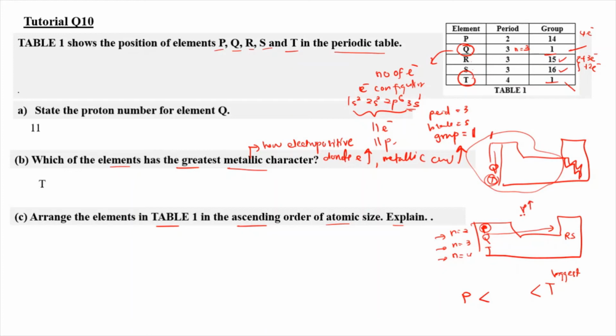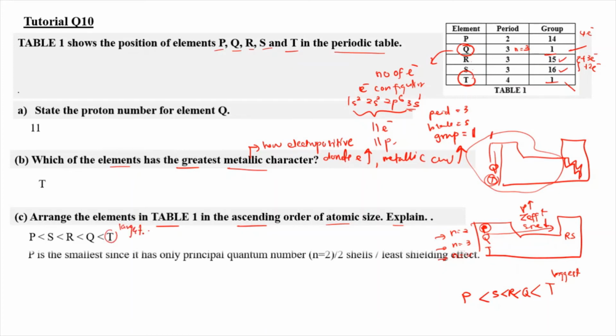When the proton number increases, the effective nuclear charge increases as well, and as a result, the size decreases. So S is going to be the smallest, followed by R, and then Q. So I can say that the size of P is smaller than S, smaller than R, smaller than Q, and smaller than T, where T is going to be the largest.